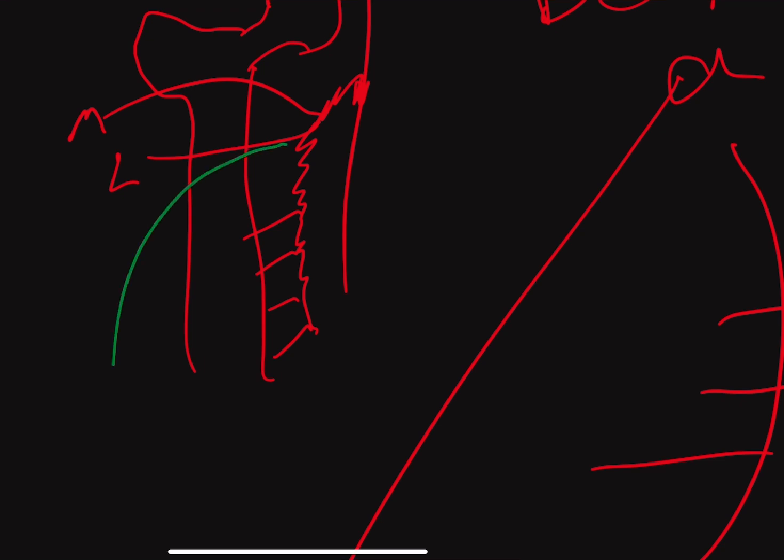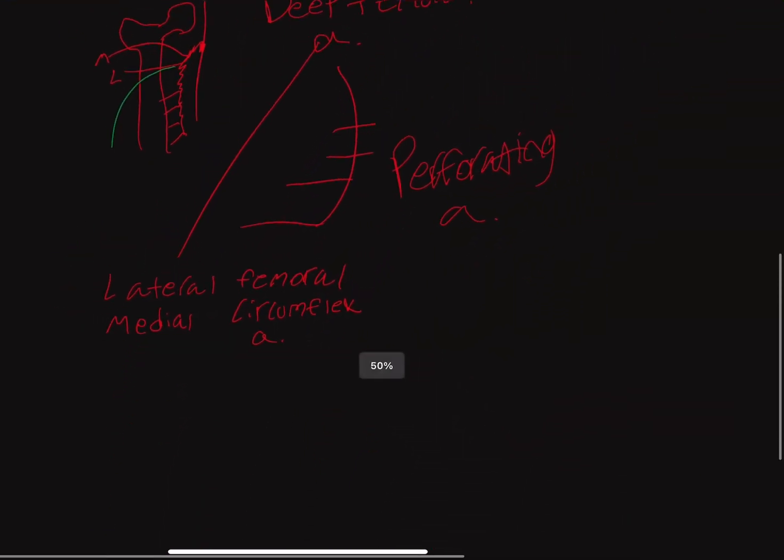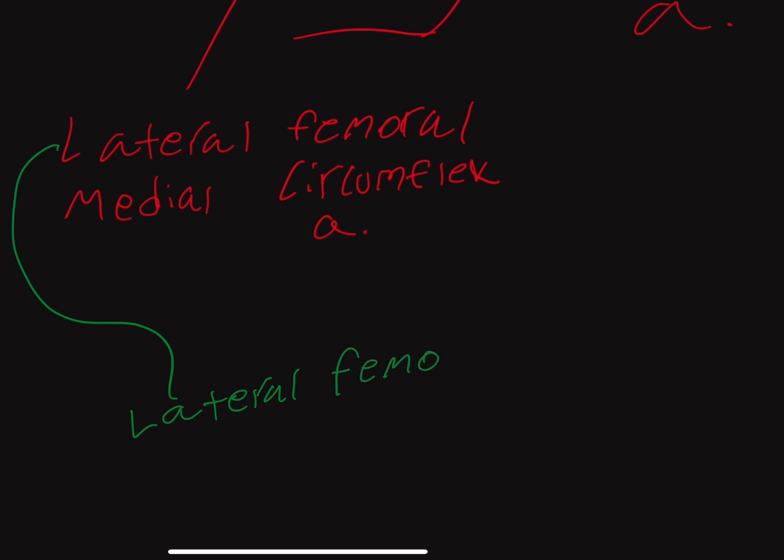So this right here is going to be your lateral femoral descending circumflex. So off of that lateral one, we have your lateral femoral circumflex descending branch.